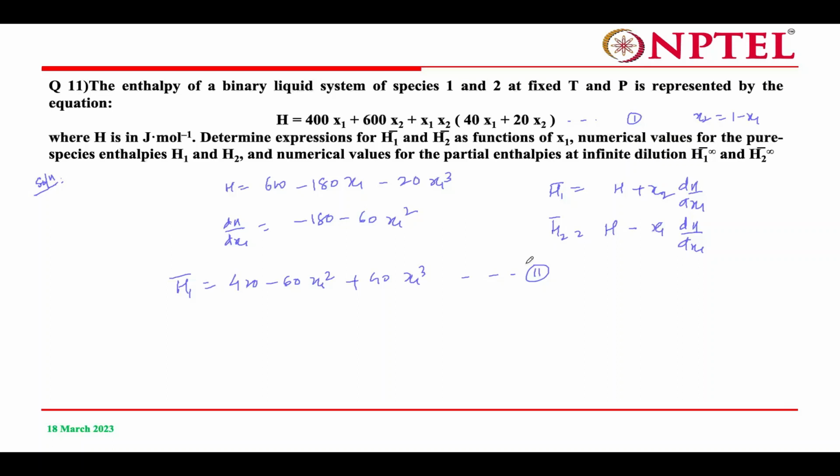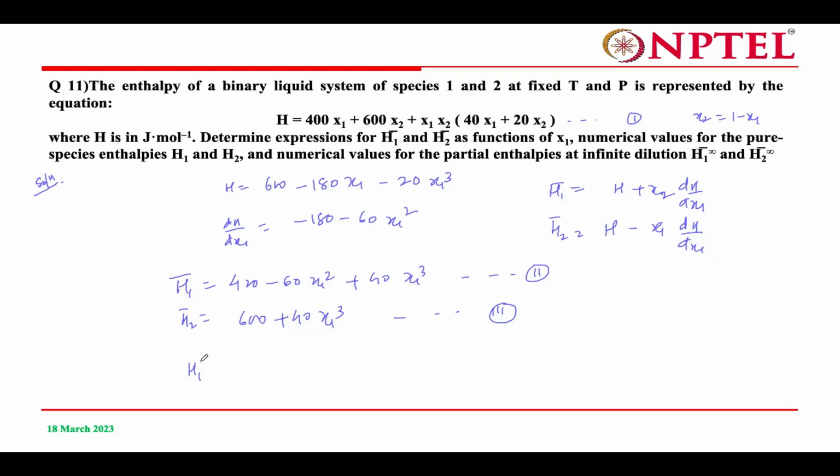Now similarly, calculate for H2 bar: 600 plus 40 X1 cube. So we derive H1 bar and H2 bar. Now we have to calculate for infinite dilution, right? So for H1, X1 tends to 0 and X2 tends to 1.